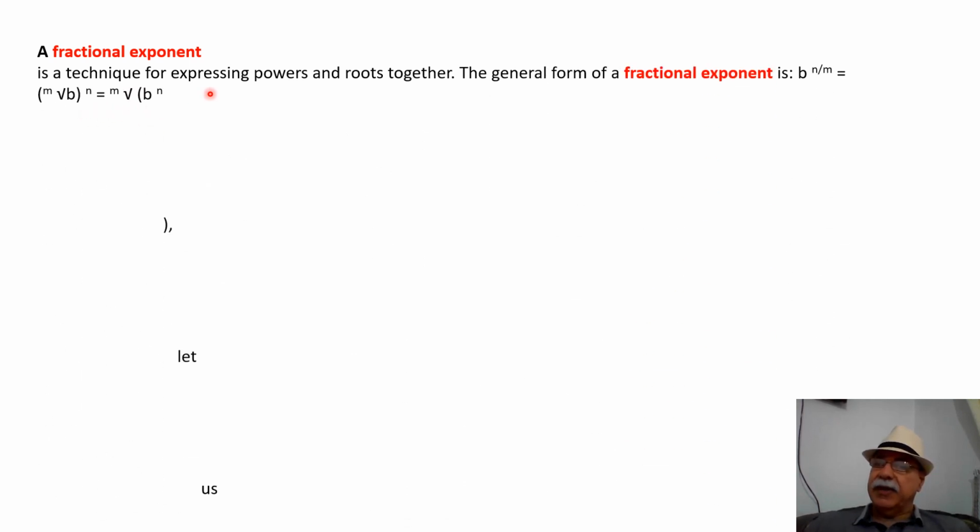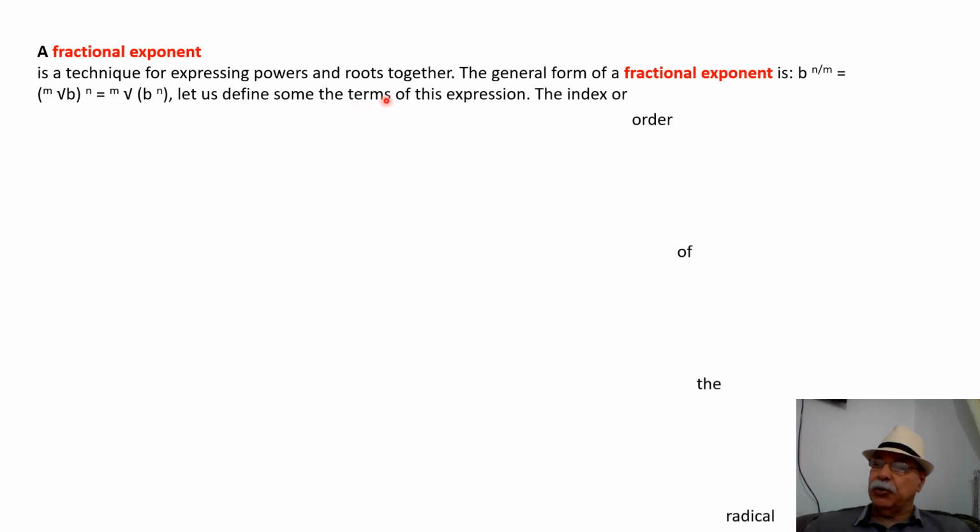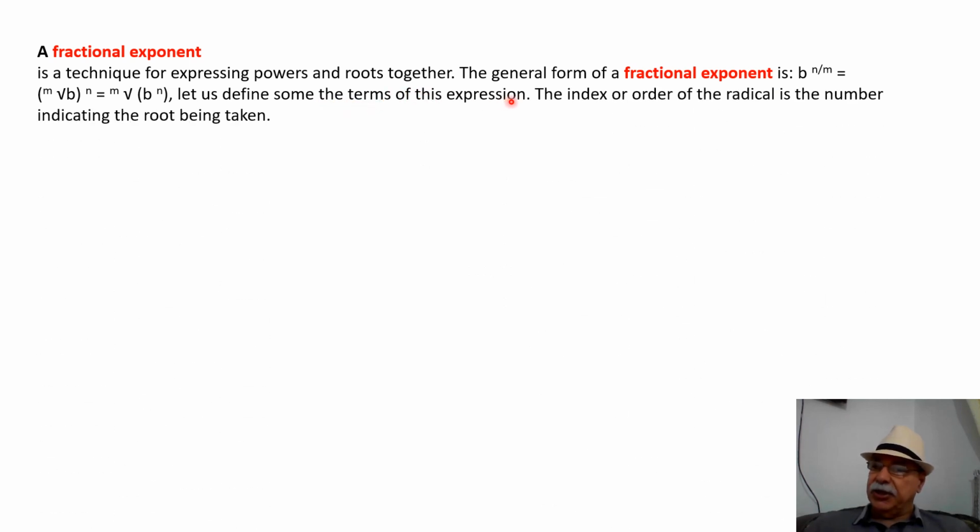Technically, for the relationship between power and root together, the general form of the fraction exponent is b raised to the power n over m. We don't know what these numbers are, so we must know how to solve any problem to get the value.